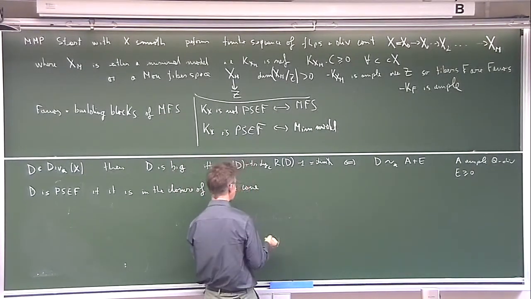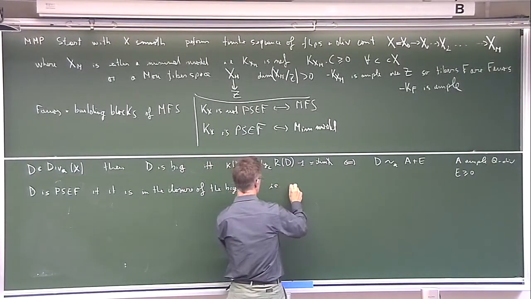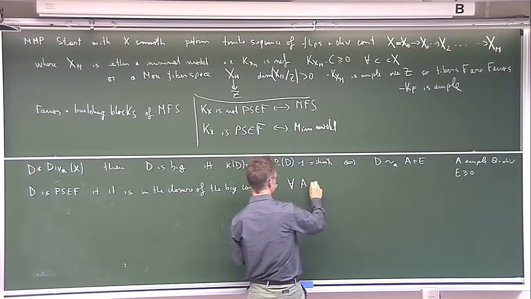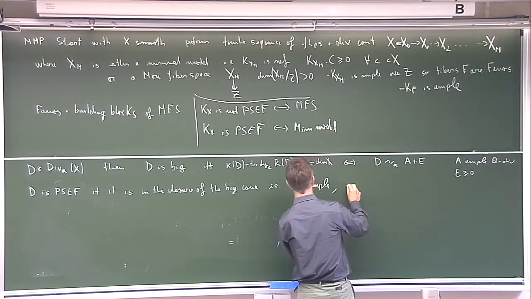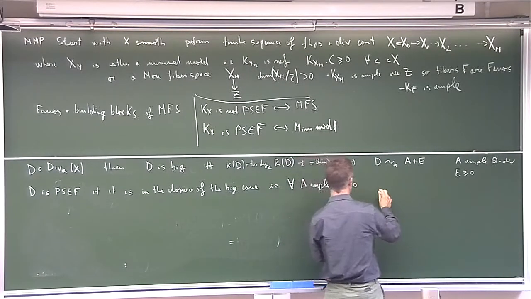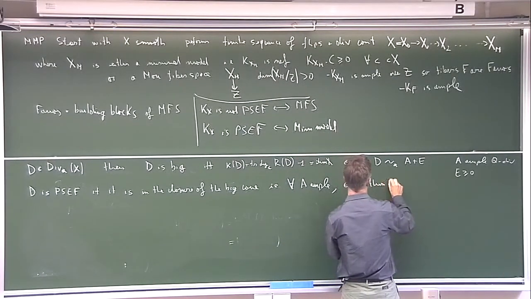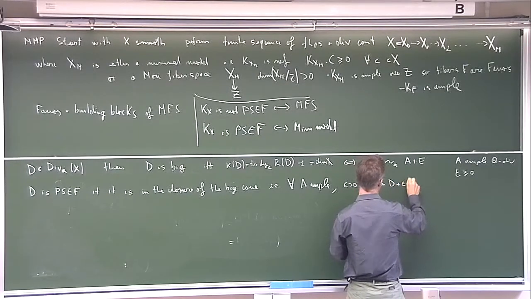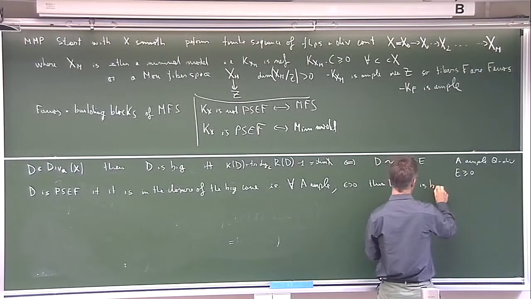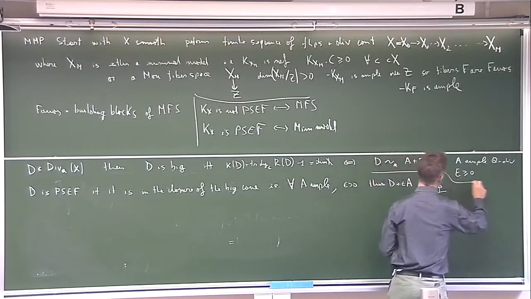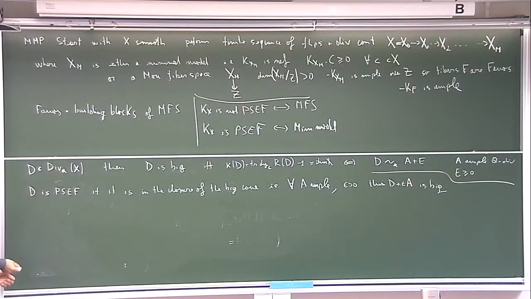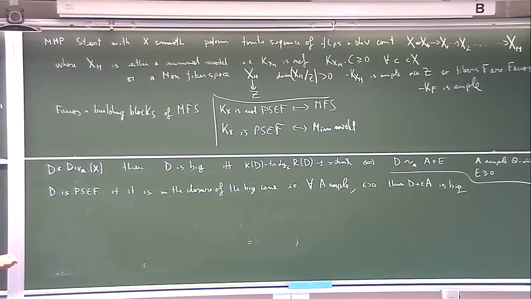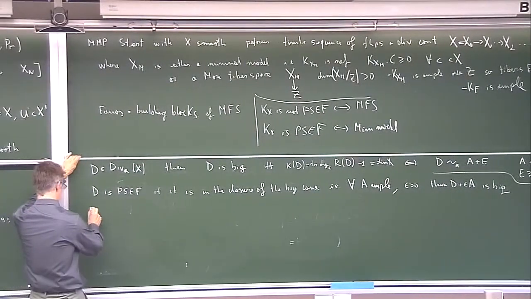So in more practical terms, if you fix any ample divisor A and any epsilon greater than 0, then D plus epsilon A is big. So a typical example of something that's pseudo-effective but itself doesn't have many sections is the following.